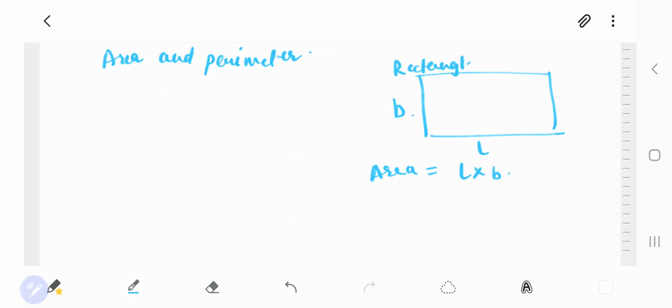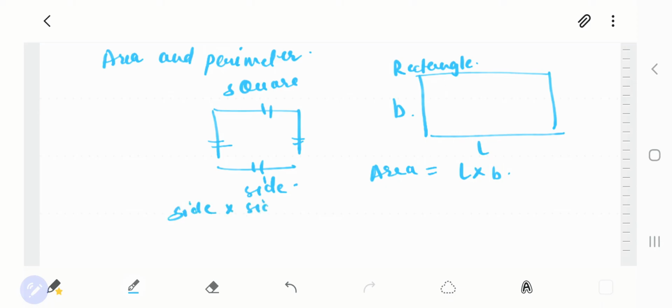Am I correct? Yes. And if it is a square, and I have been given the side, the area will be side into side, that is side square. So area for a square is side square and area for a rectangle is length into breadth.